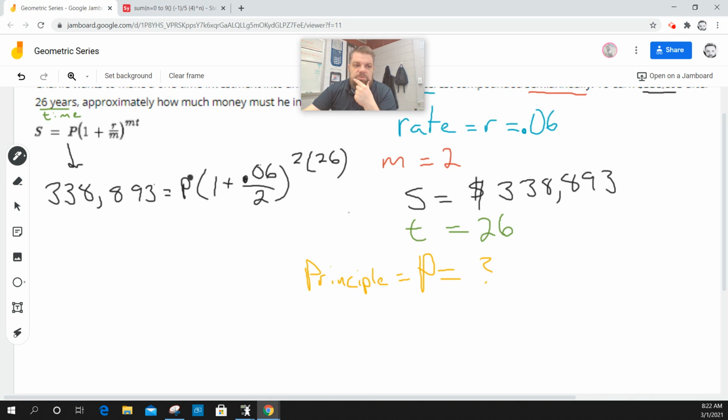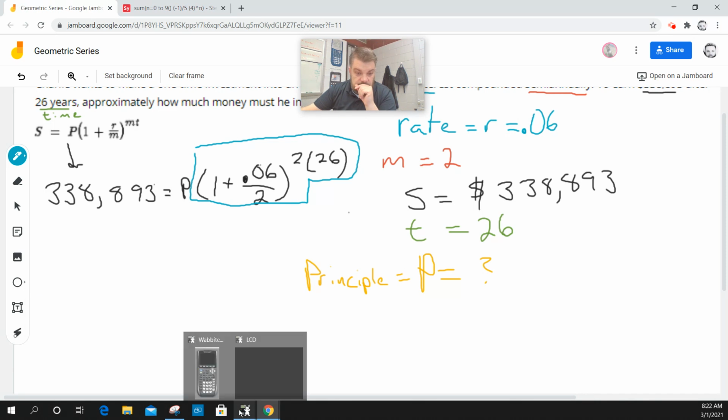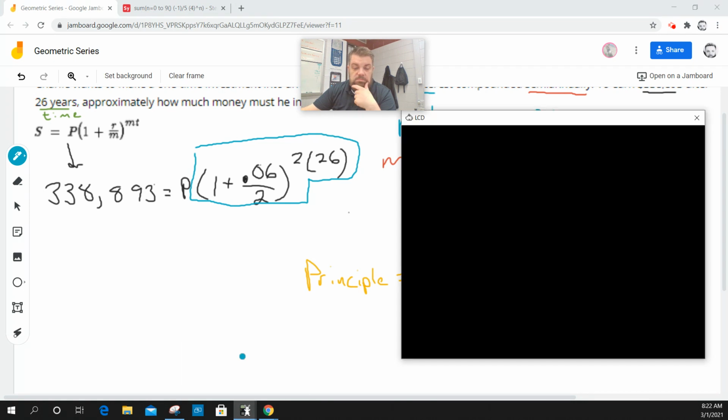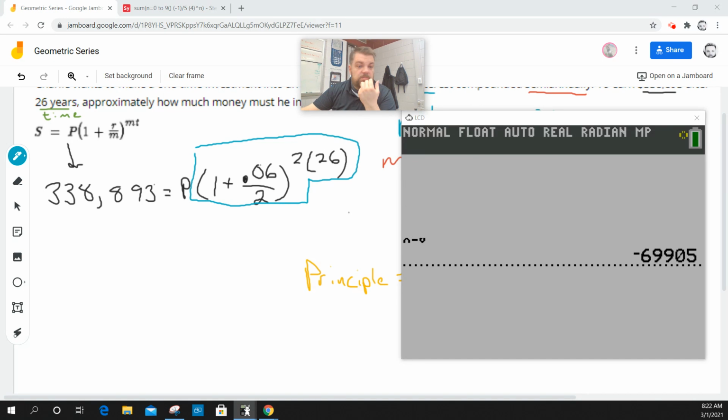So what I need to do now is, this is a lot easier than you realize. I need to plug this into a calculator because that will all reduce down to one number, okay? So turn on my calculator. And this is another one of those things where putting things in the parentheses in the right fashion is important.